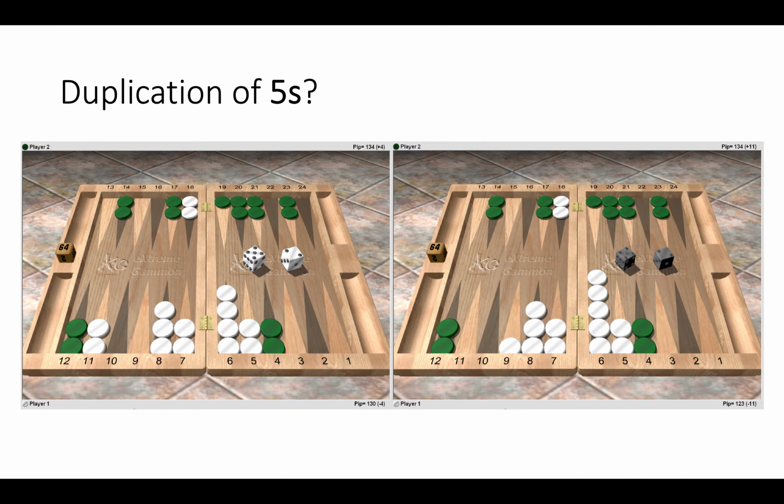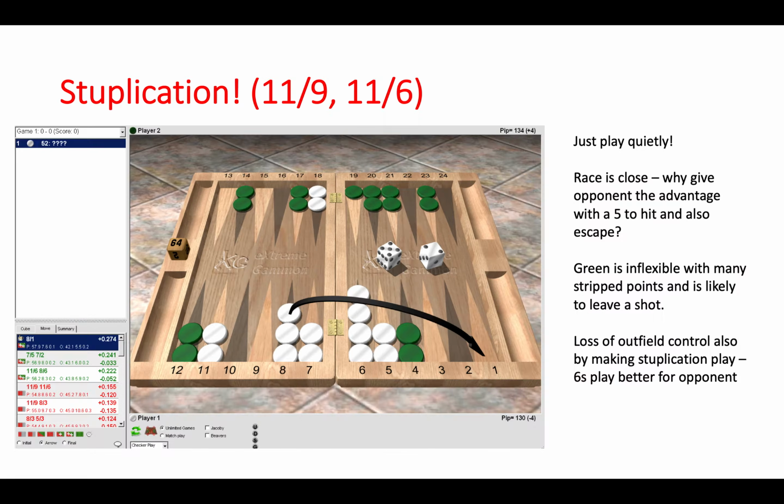Green would need a 5 to hit us off the anchor and also a 5 to close the 6 point on his board. So again, this follows one of the key concepts of duplication. However, this move is a very big blunder, and it's simply correct just to play 8 to 1.